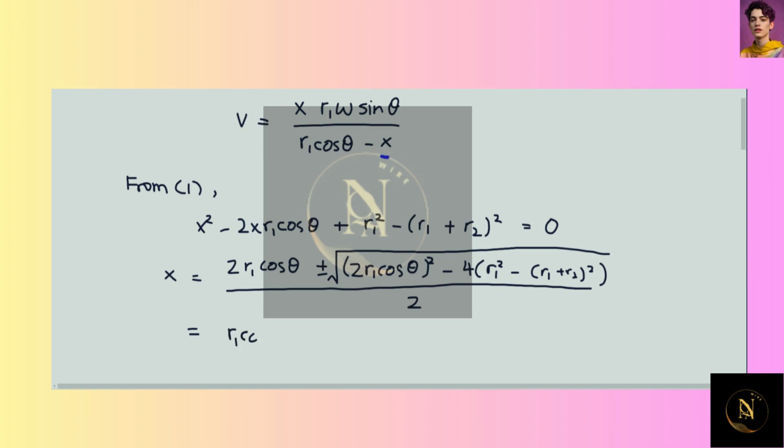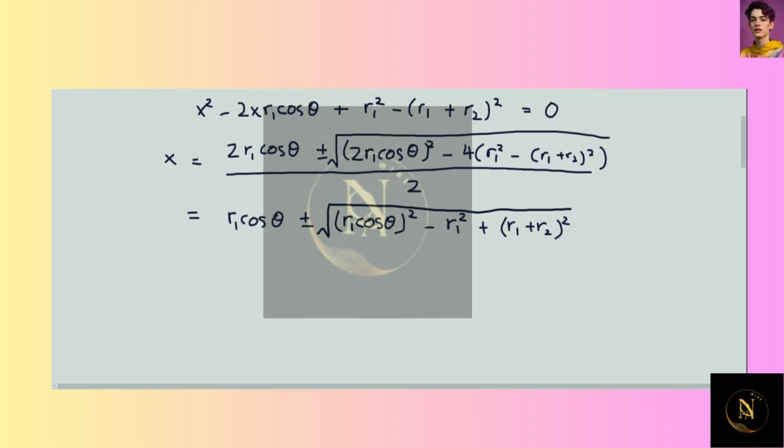So you have r1 cosine theta plus or minus the square root of (r1 cosine theta) squared minus r1 squared plus (r1 plus r2) squared. If we simplify further, you get r1 cosine theta plus or minus the square root of r1 squared cosine squared theta. The minus r1 squared cancels one of the r1 squared inside, and you are left with 2 r1 r2 plus r2 squared.